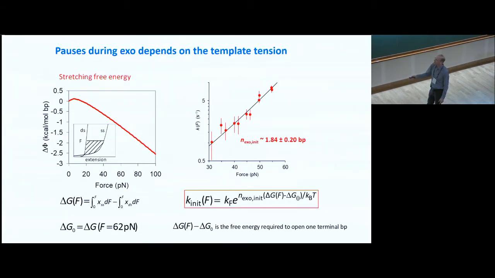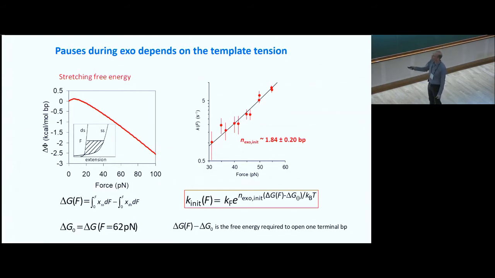And delta G0, we're assuming here, for the purposes of this analysis, that at the overstretching transition at 62 piconewtons, it's basically single-stranded DNA, okay? And so if that's the case, you can calculate the initialization rate is Kf times e to the n delta G over Kt, where delta G here is the difference between the delta G of force and the free energy to make single-stranded DNA.